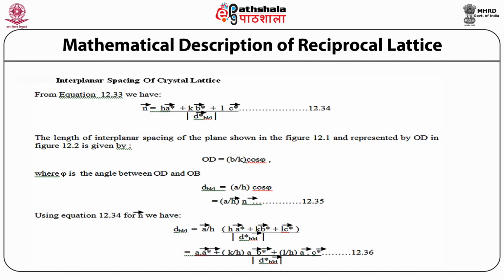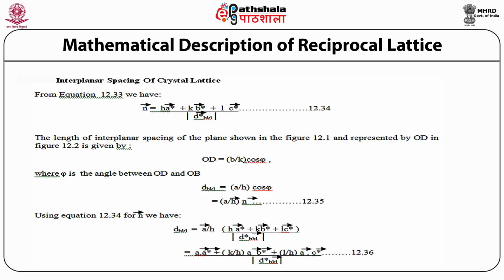Interplanar spacing of crystal lattice. From equation 12.33, we have n vector equal to (h a* plus k b* plus l c*) divided by modulus of d* HKL, given as equation 12.34.